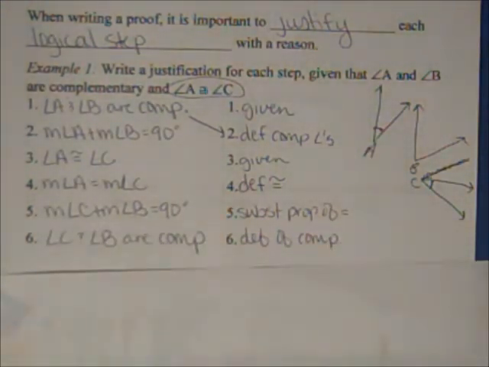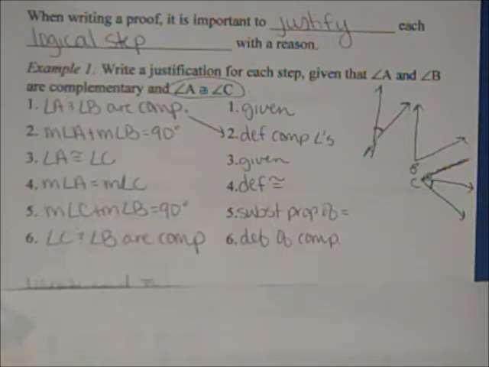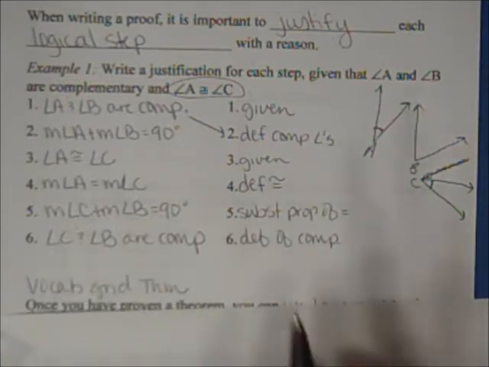Okay, so vocabulary grid, the definition of a theorem: a statement that you can prove. So you have two kinds of things in geometry. You have postulates and theorems. A postulate is a sentence that's true because it has to be true. Somebody said it and it is true, so we just have to believe them. A theorem, on the other hand, you can actually prove that it's true using a proof.